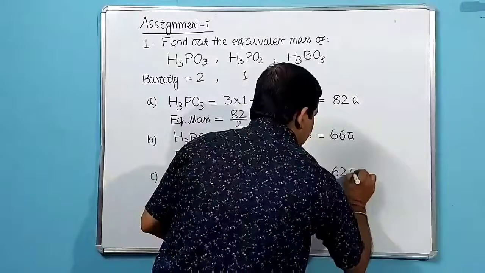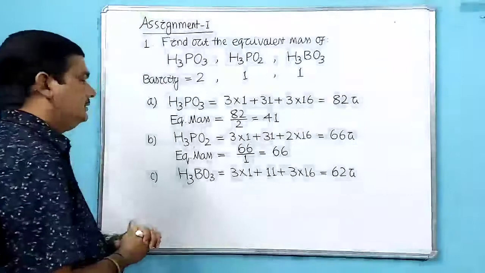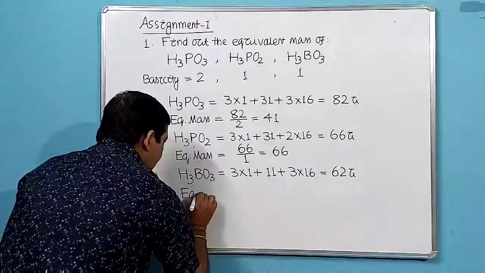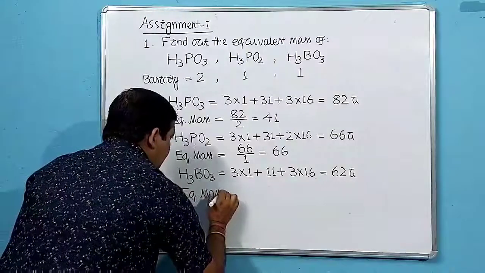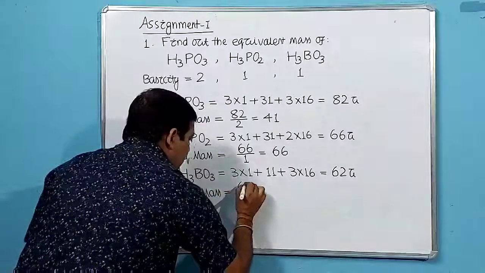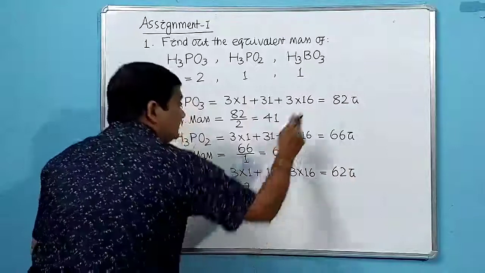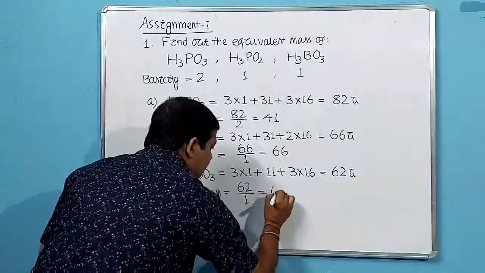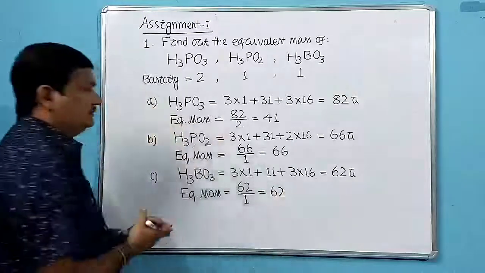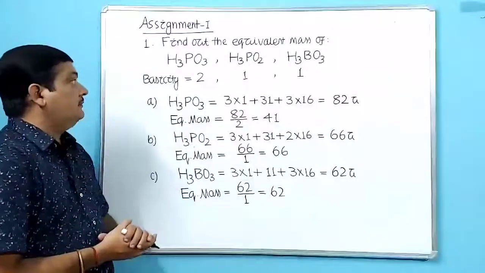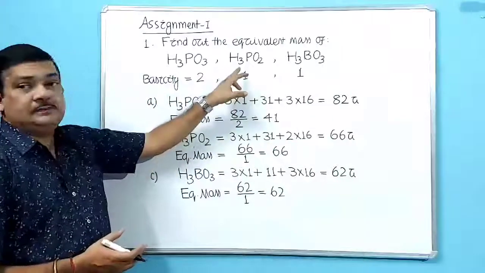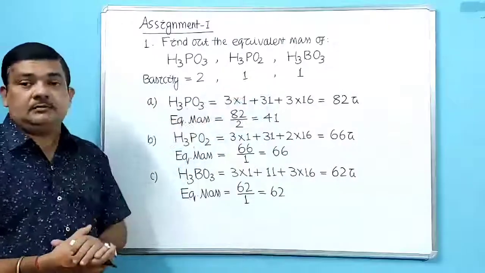So the molecular mass of orthoboric acid is 62 U. Equivalent mass is 62, the molecular mass, divided by basicity 1, so it will be 62. These are the answers of assignment 1: the equivalent mass of phosphorus acid, hypophosphorus acid and orthoboric acid.